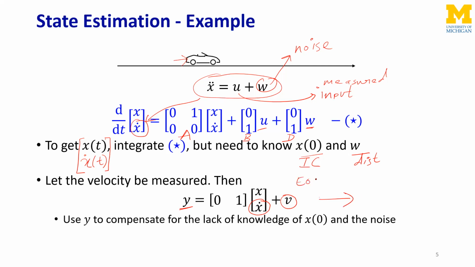The equations of motion plus these equations, the output, can give us an estimate of our state x and x dot, which is the position, and this is the velocity. So by measuring just the velocity and using the equations of motion, it might be possible to construct the state x and x dot.